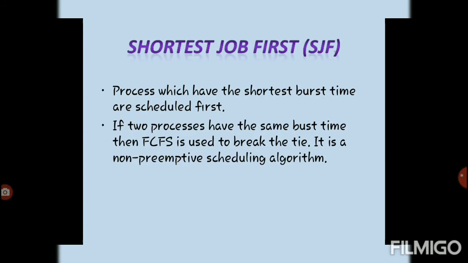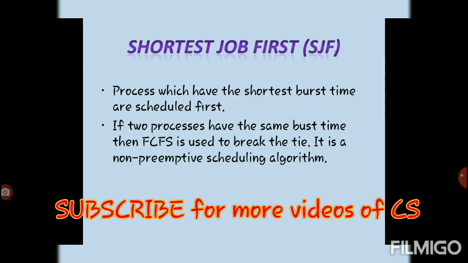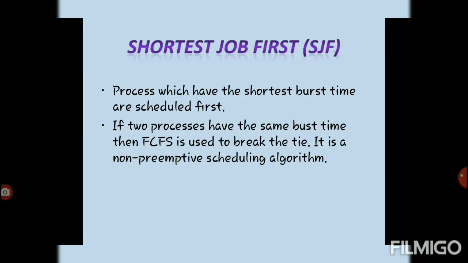So which has the minimum burst time? The last process. Even though it is the last process, it has the minimum burst time, so that will be served first. So shortest job first. I hope you understand. The shortest job will be served first.